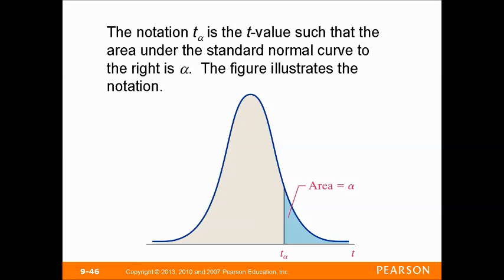So if I look at t sub 0.05, that means I would want the t value where there was 5% area in the right-hand tail, or in other words, I'd have 95% to the left, or 1 minus alpha. So for t sub 0.05, I'm looking for the 95th percentile of that t distribution. I want 5% to be to the right. Alpha represents the area to the right in that tail.